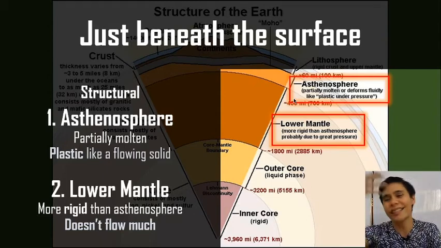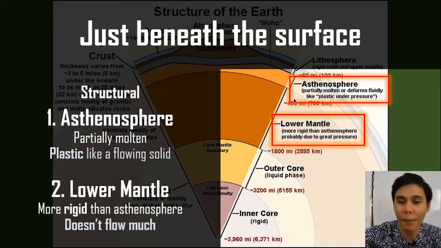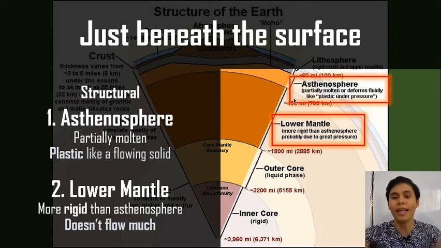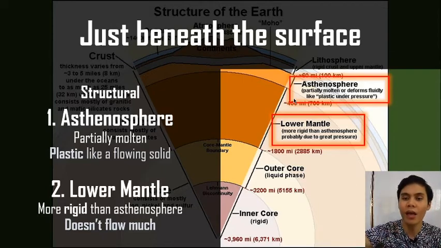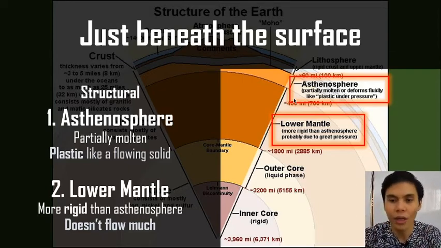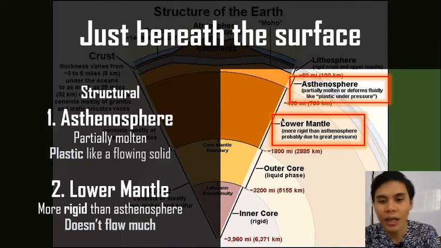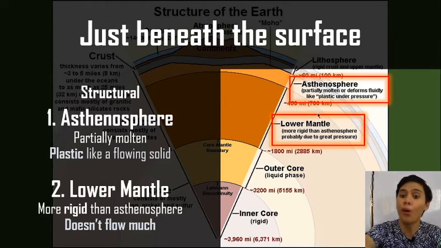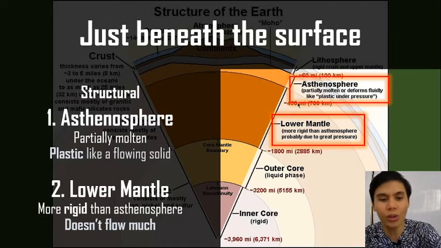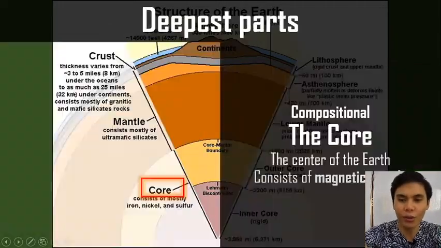So again, it's technically solid based on physical properties, but it flows. It has enough energy and enough molten volume to flow like a plastic solid. Your lower mantle, on the other hand, is more rigid than the asthenosphere, so it doesn't flow much. So that's the structural definition of your mantle.